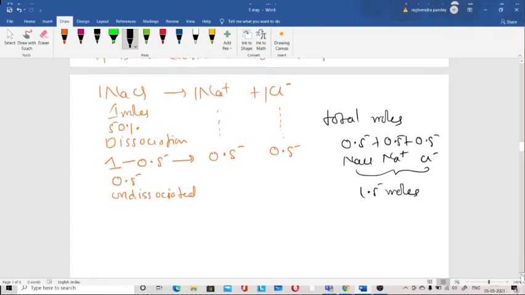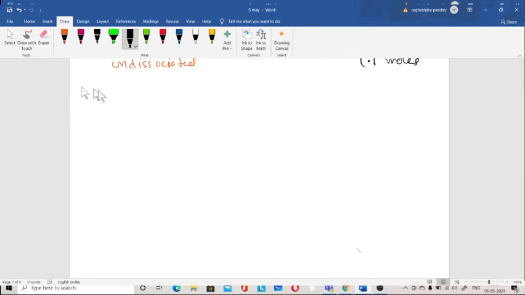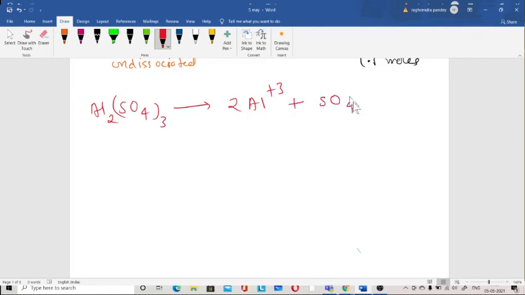Now take another example. Suppose we have Al2(SO4)3, aluminium sulfate. It will undergo dissociation to give 2 aluminium ions, because there are 2 aluminium, and that is Al plus 3, and sulfate ion SO4 minus 2. How many sulfate ions are there? Because there are 3, so 3 SO4 minus 2.